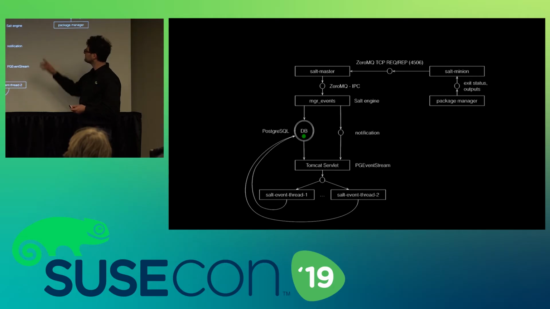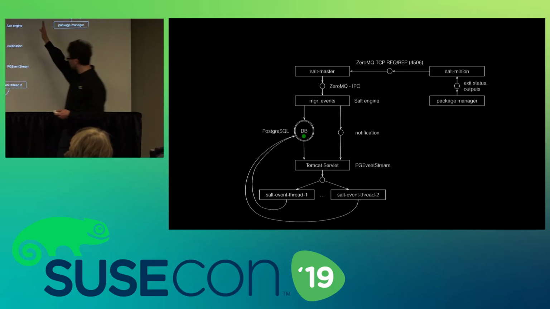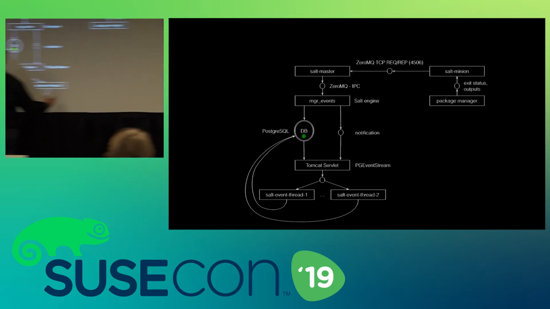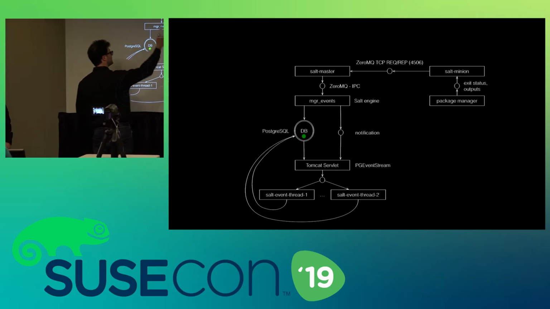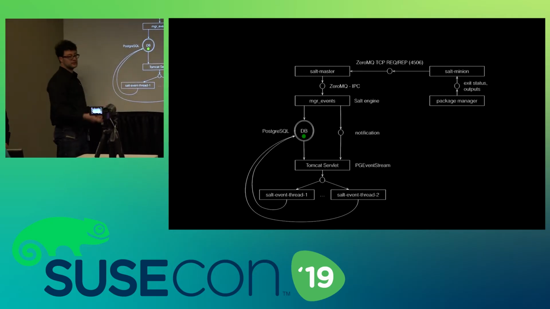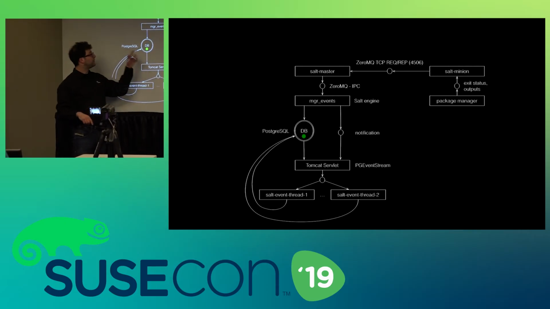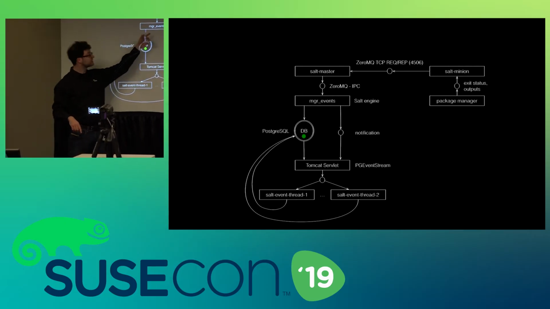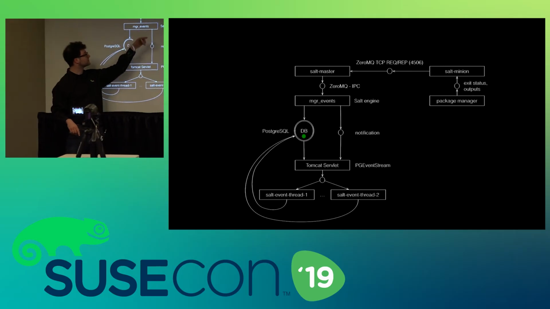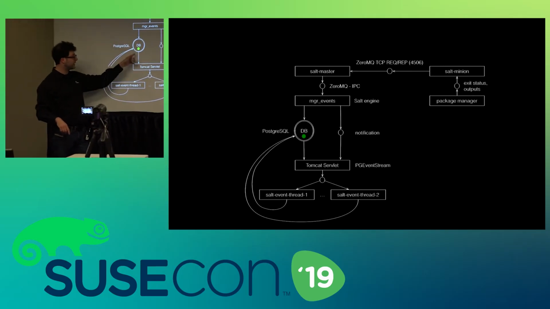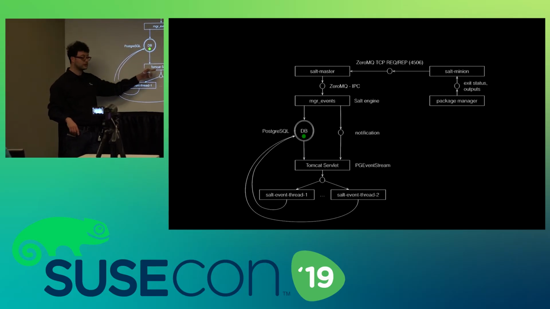Anyways, this is again the barrier between the minion and the server. Salt master gets the event: package manager is finished. It passes it to a special component that's internal to SUSE Manager. It's called the salt engine, and this will write the event into the database and also notify Tomcat.